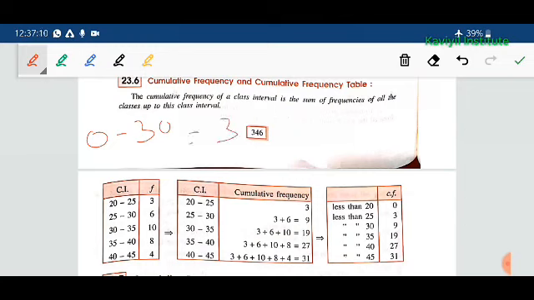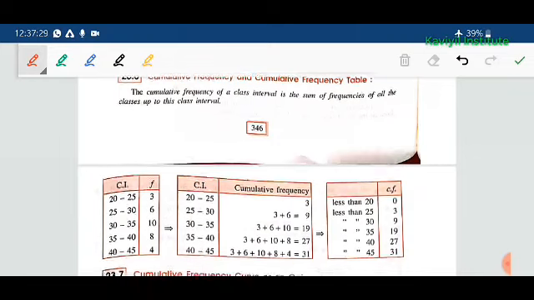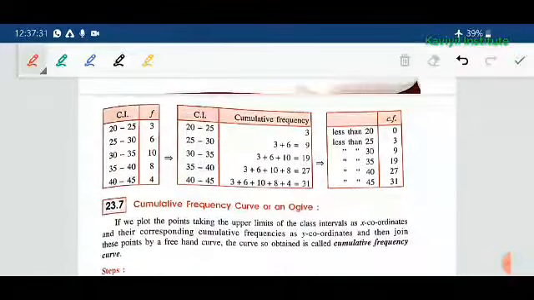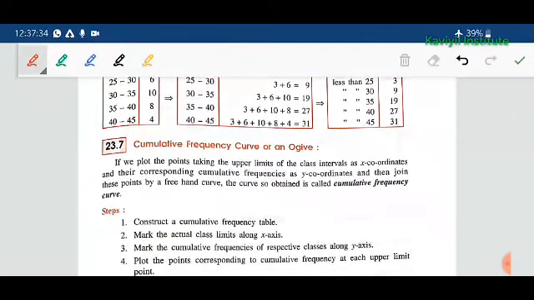Already 3 is there, plus 6 for 20 to 25, so total it will be 9. That is why it is called less than 30, 9. Again less than 35, it is 19. Less than 40 it is 27. Less than 45 it is 31. So this is the manner in which we write the cumulative frequency.